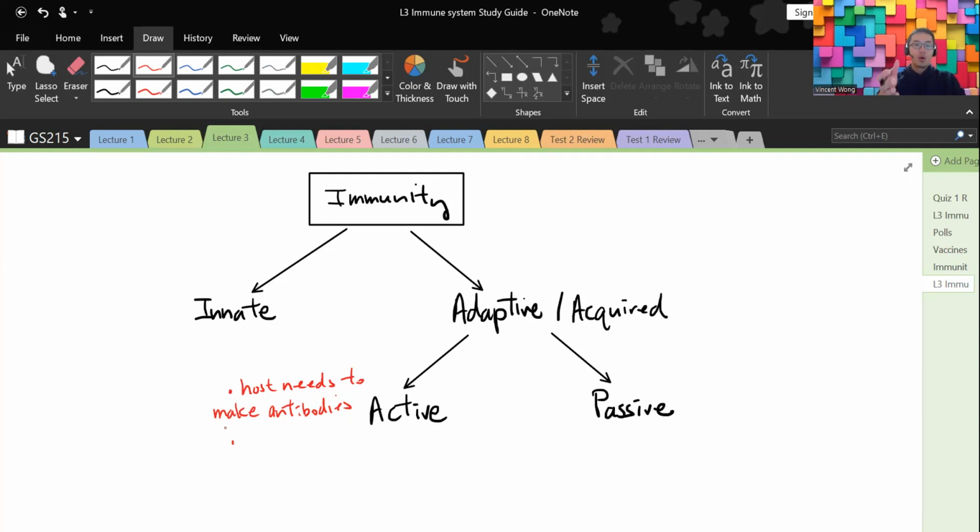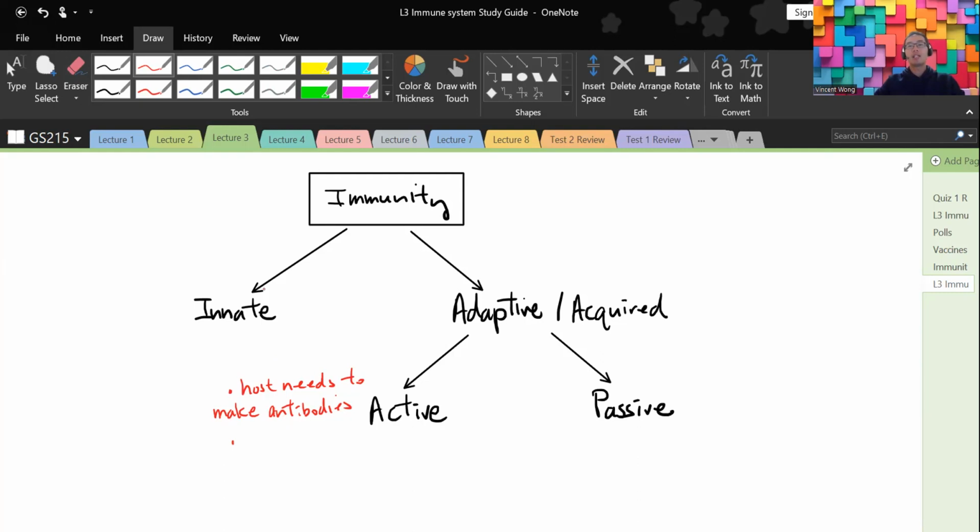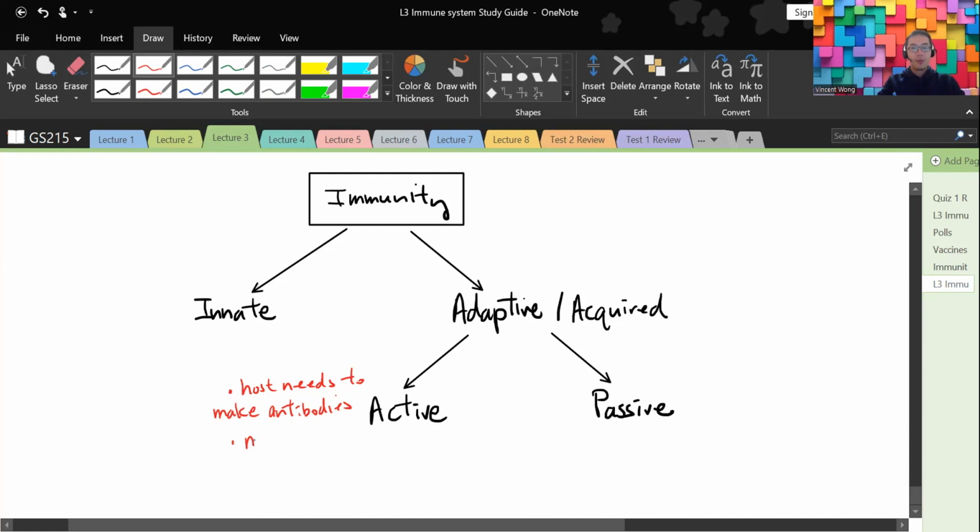You have to make your own antibodies, and that means you have to go through the whole selection process I talked about. You got to find the right naive T cell, wait for the clonal expansion, and wait for the differentiation to become effectors. That takes a bit of time, so it is not immediate.